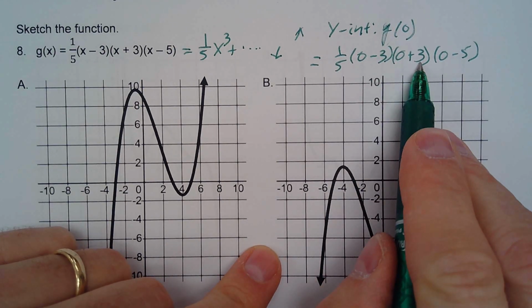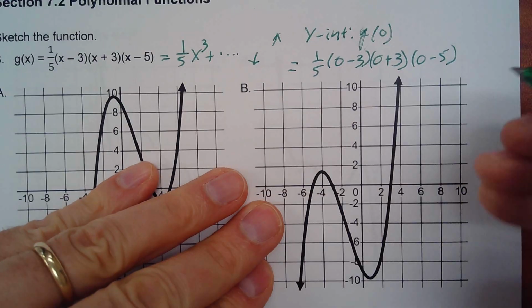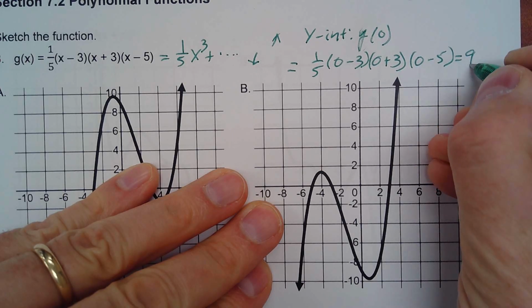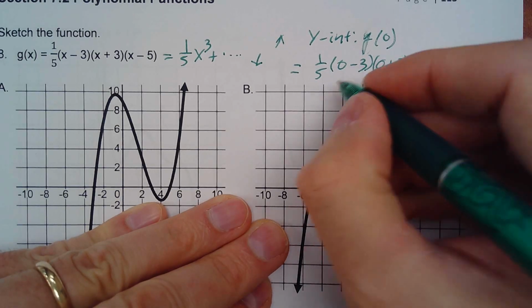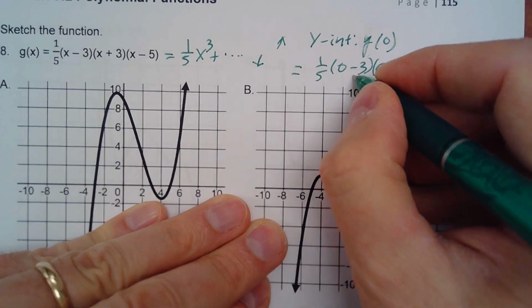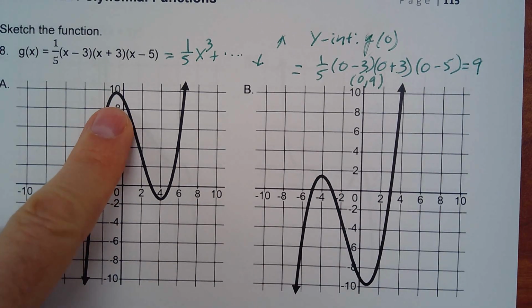So that's a negative 9. Positive 45 times a fifth would be 9. So my y-intercept should be the point 0, 9. So it looks like it should be A.